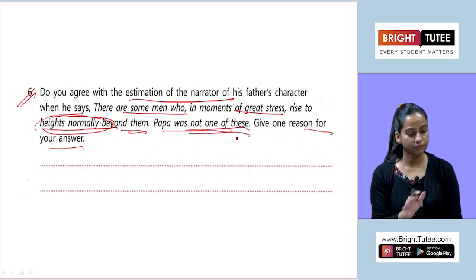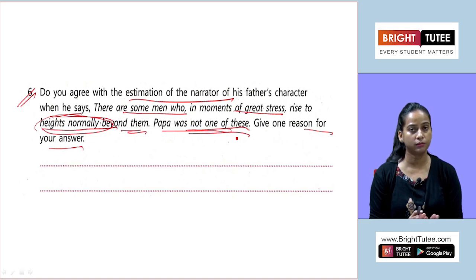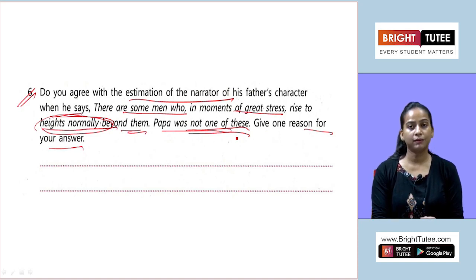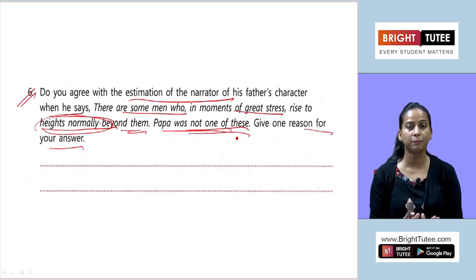So it totally depends on you how you are going to take this statement about Papa. Either you can say that yes, he was true in saying that, because Papa was not able to respond in a proper way. He was not able to react in a proper way, and ultimately he gave the $3 to the gunman.